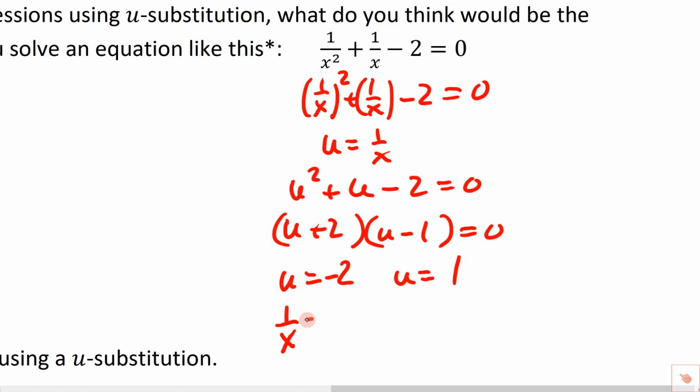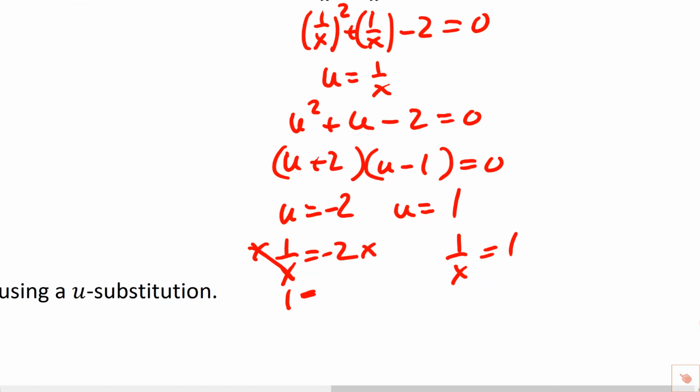So 1 over x is equal to negative 2, and 1 over x is equal to 1, and let's see what we get here. I'm going to multiply both sides by x, so those are going to cancel. I get 1 equals negative 2x, and we're going to divide by negative 2. So I get x equals negative 1/2.